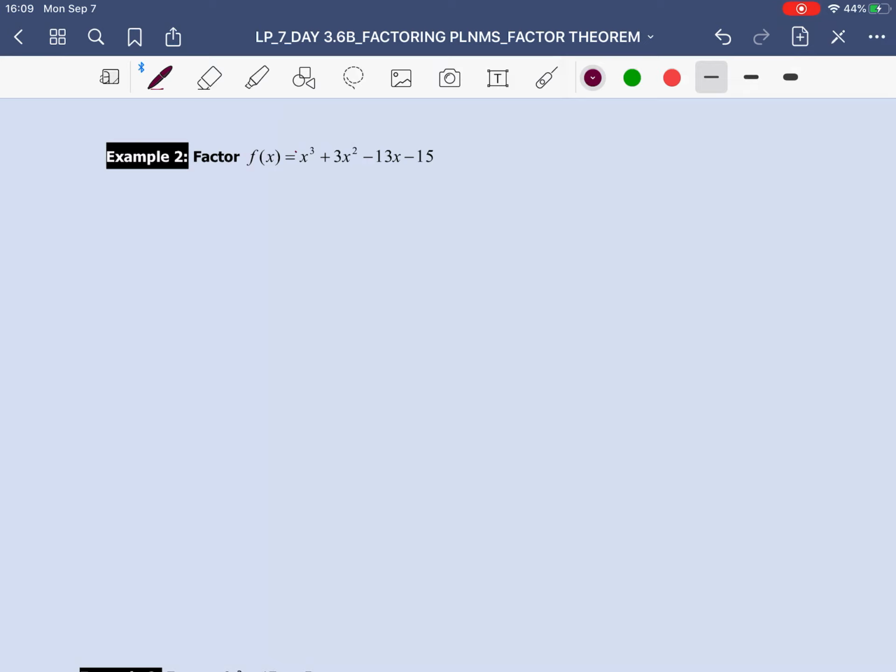Now, 2 things we need to look at. Here we have a coefficient of 1, so that means we only have to focus on the constant term. The constant term is negative 15, and that will help us figure out the possible values of b. I'm only writing everything because I'm trying to explain things.